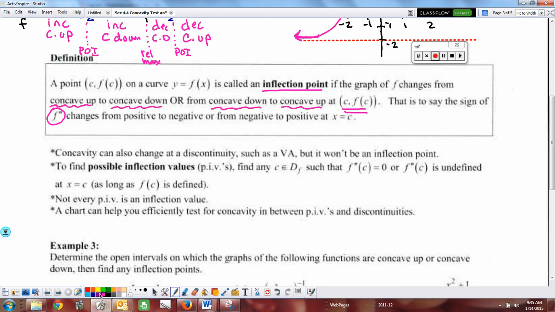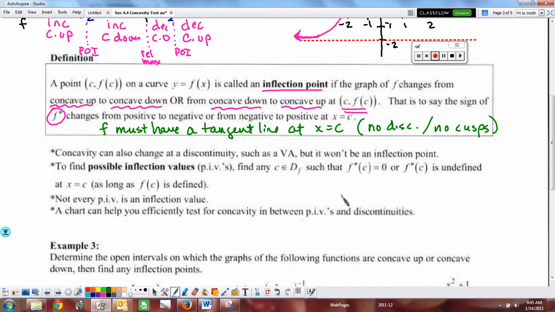And make sure you add back in, because this is from your textbook, that f must have a tangent line at x equal to c, which means that you can have no discontinuities, which should be obvious, and you can have no cusps. However, a vertical tangent line is perfectly fine.